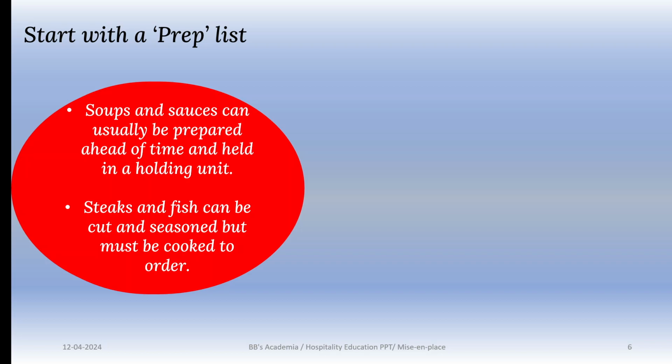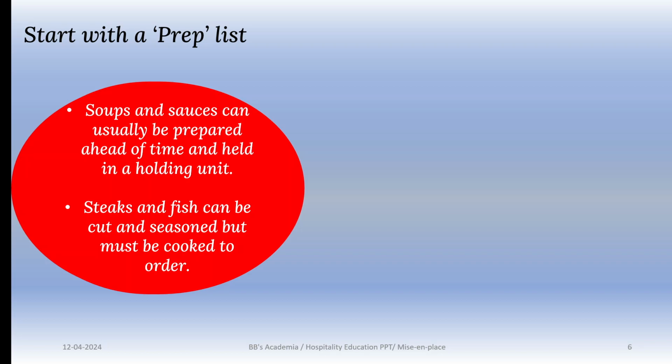Steaks and fish can be cut, that means fabricated, and seasoned or marinated, and must be cooked as per the order. You cannot keep the fish fried and ready. You cannot just reheat the fried fish and serve it to the guest.